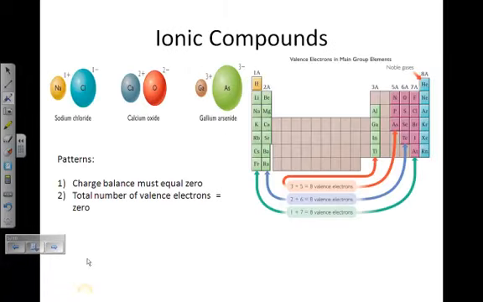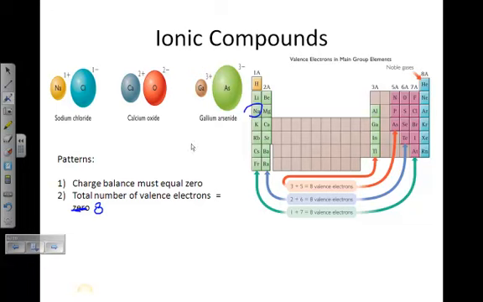Ionic compounds. The ions that you saw on the previous slide are used to help you figure out how to balance the charges to form the correct formulas. Now, I need to make sure I put an 8 here. For example, sodium has 1 outer electron.